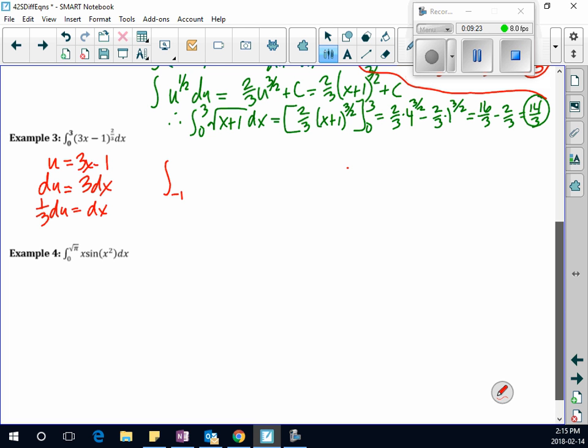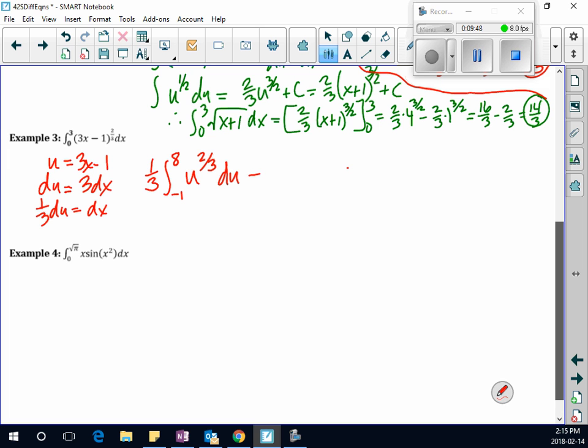Instead of 3, it's going to be 8. And then it's going to be u to the power 2/3. And now instead of the dx, I have to write the 1/3, which I'll do in front, du. Any questions there? We good? All right.